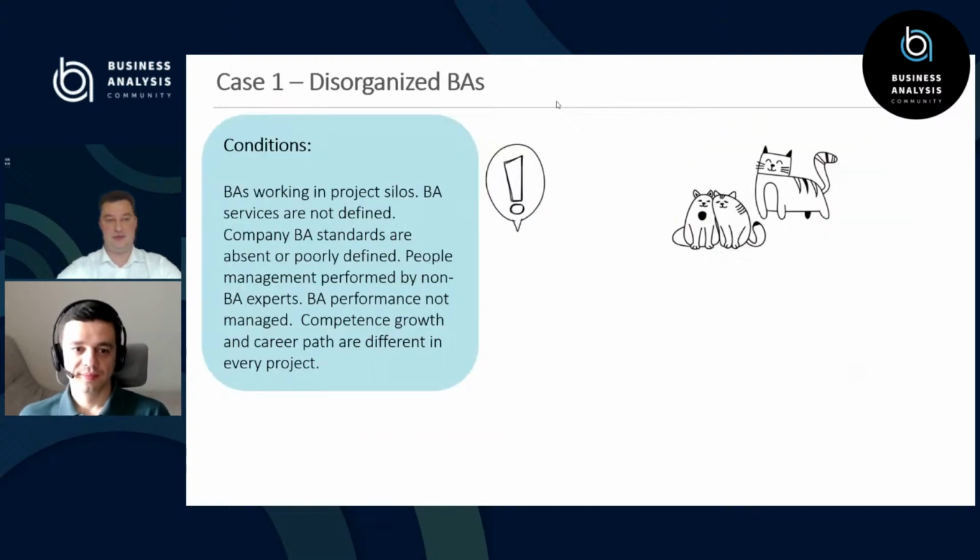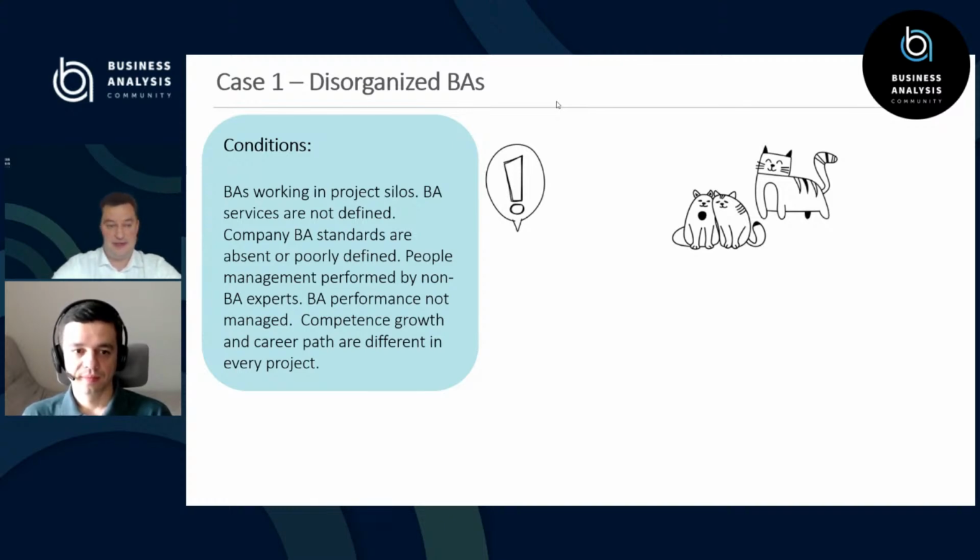And case 1, we have a pretty interesting case. We named this case with Yuri yesterday "disorganized BAs". What kind of conditions do we have here? As usual, guys, we can face this situation when BAs are working in project silos. BA services are not defined.